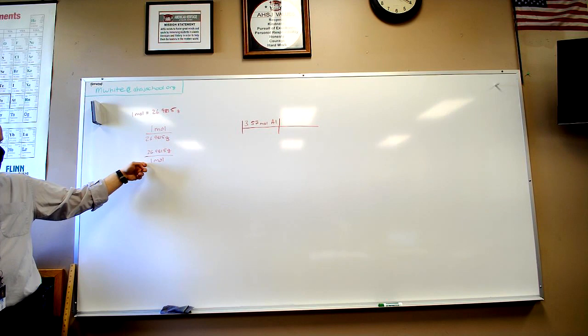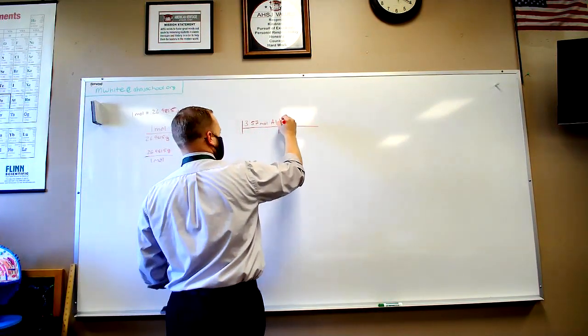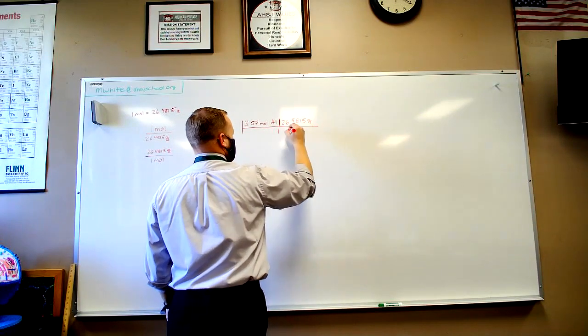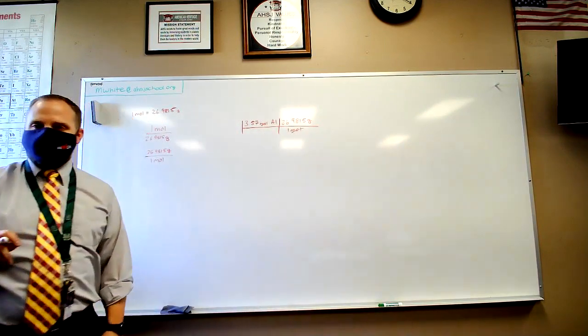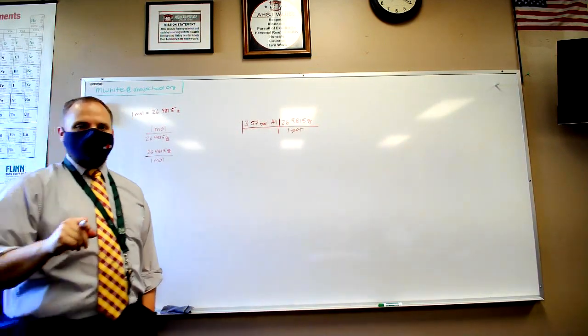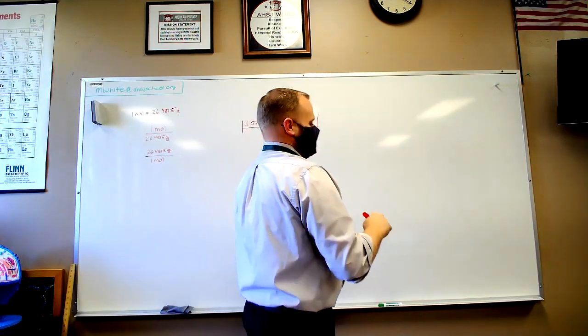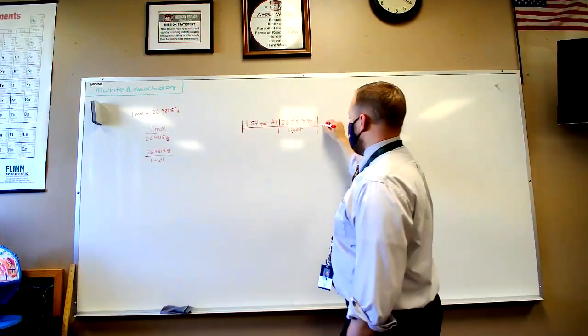The one on the bottom, okay? Because when we put this in right here, our moles will cancel out, and we're just left with grams of aluminum. Put that into the calculator, and that ought to get us about 96.3 grams.